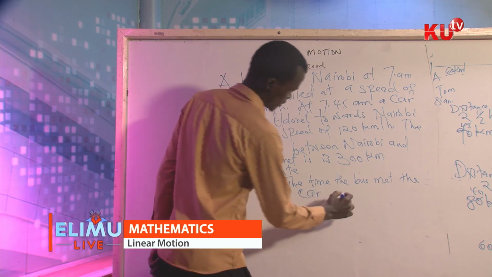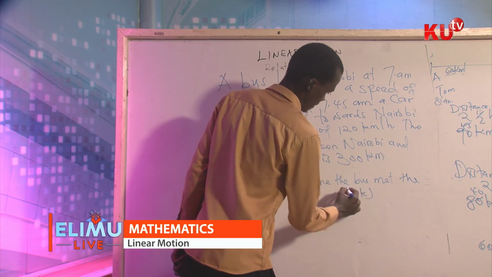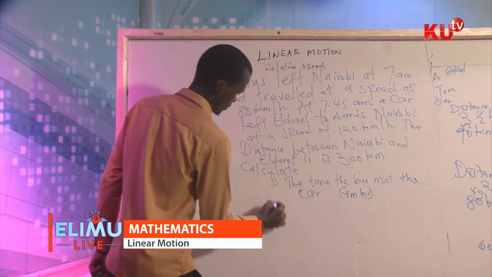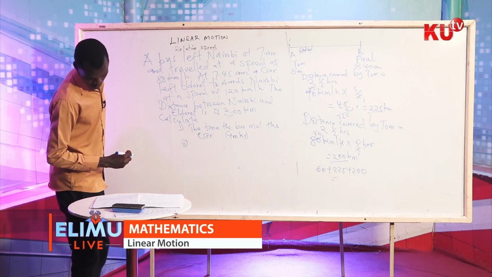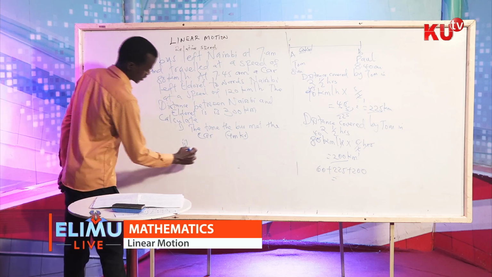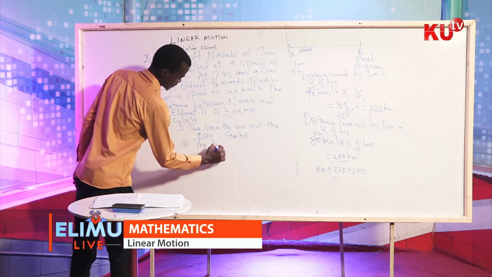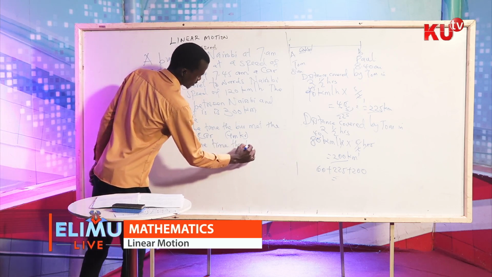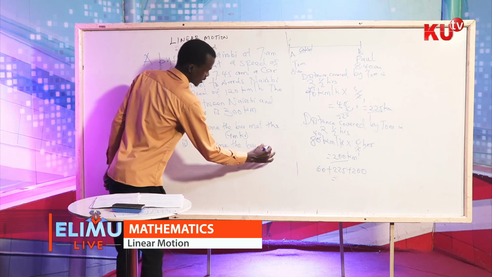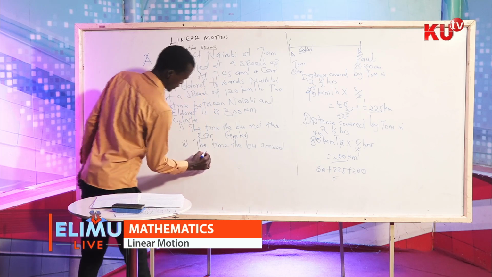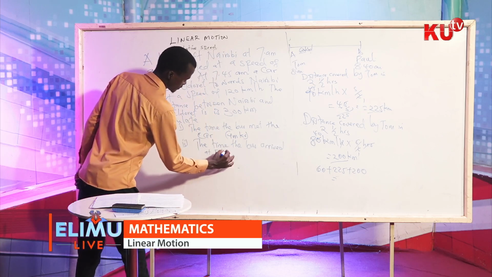And that is 4 marks. Part 2, the time the bus arrived at Eldoret.